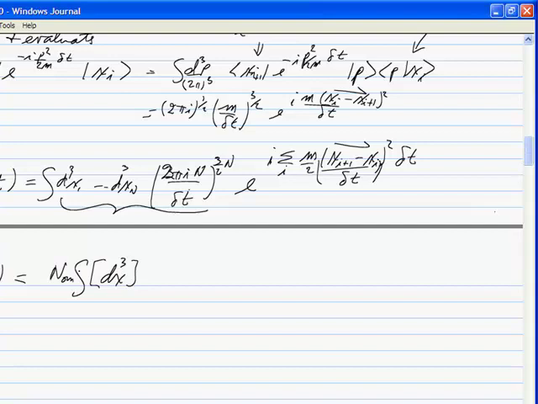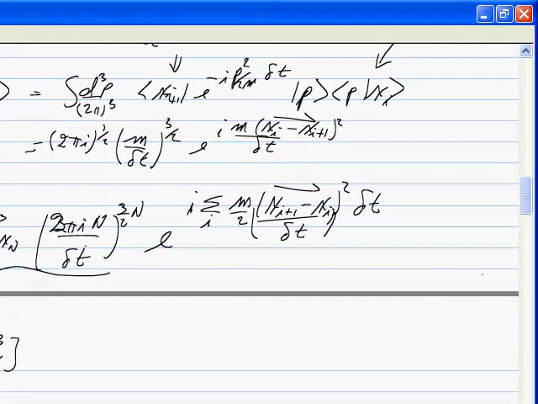It's not n, the number of steps. It's just some normalization, a number. And the piece up there, as delta t goes to 0, becomes the velocity, and the sum over i delta t becomes the integral dt. So this becomes e to the i integral dt (1/2) m v squared. Okay.